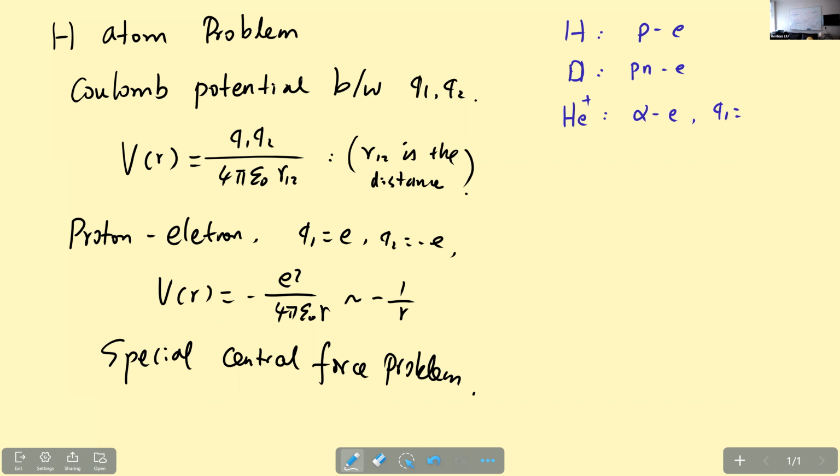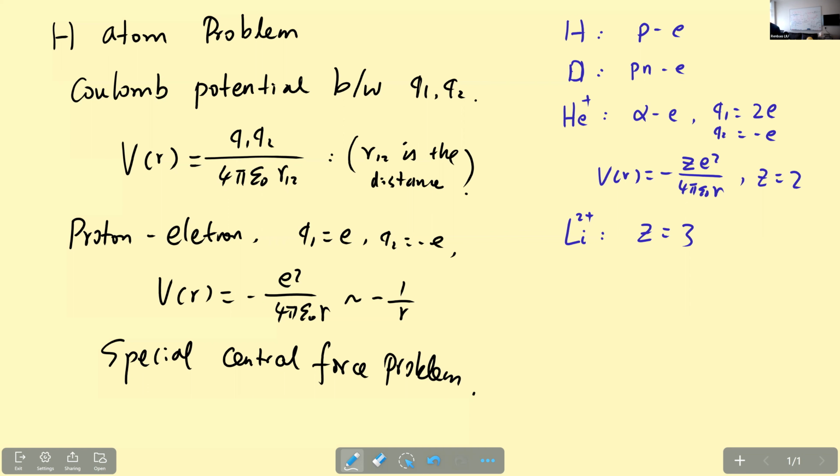So Q1 equals 2 times e, and Q2 equals minus e, right? So in this case, we say V(r) equals minus Z e squared over 4 pi epsilon 0 r, with Z equals 2, okay? Right, so this is the case. And also you can consider, for example, lithium, but now you have two electrons removed. It's ionized, right? And again, it's not an alpha particle anymore, but you have Z equals 3, right?